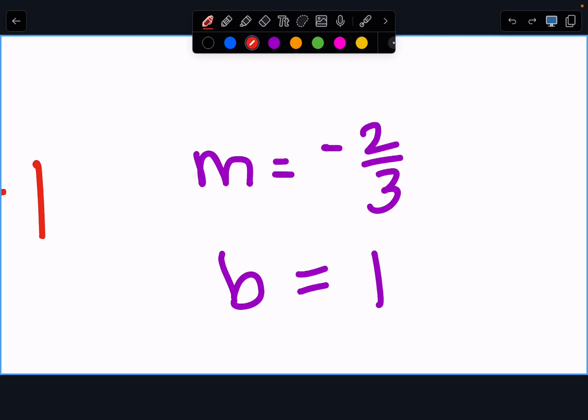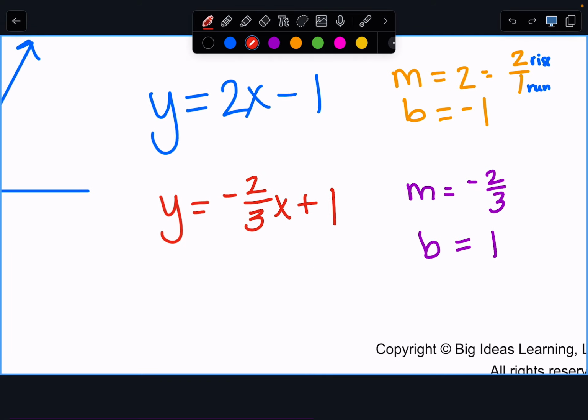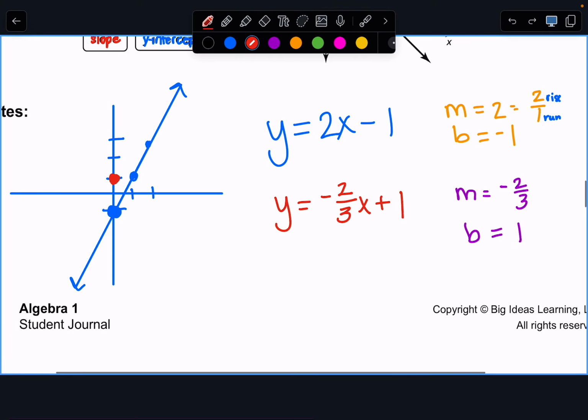Okay. You get to pick whether you want your negative to be with the 2 or the 3, but it can't be with both because negative divided by negative is a positive. So I'm going to go down 2 over 3. Okay, so my slope, I went down 2 over 3.